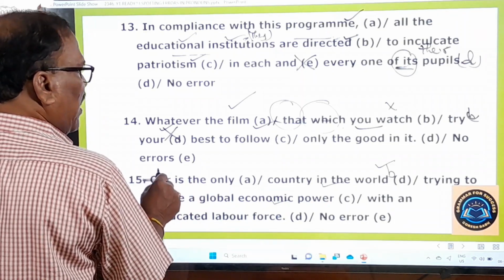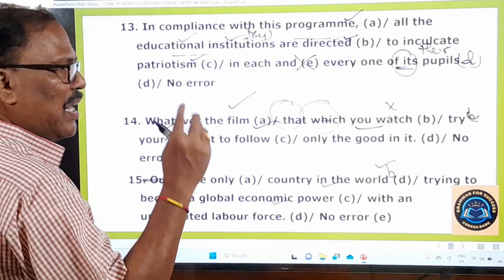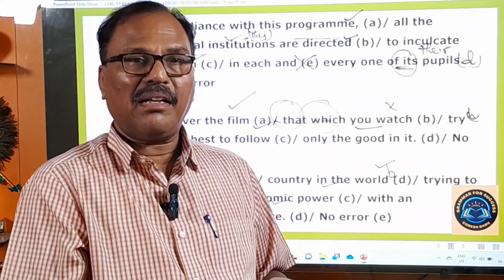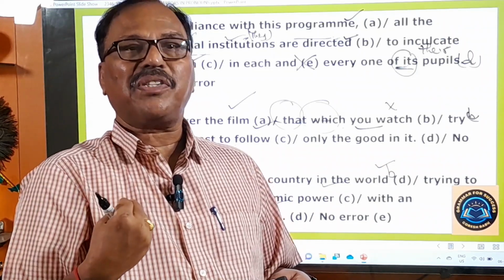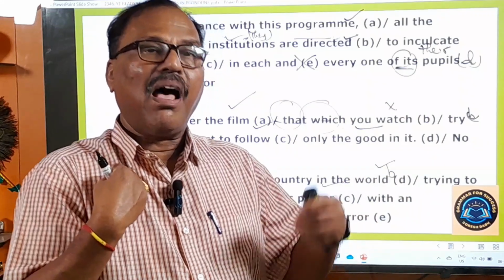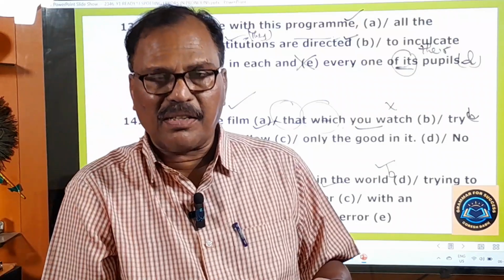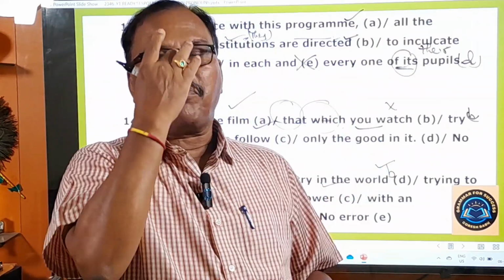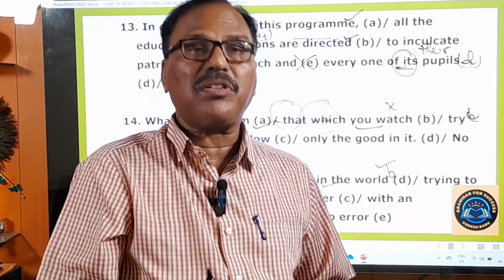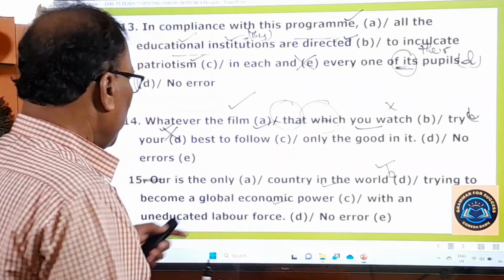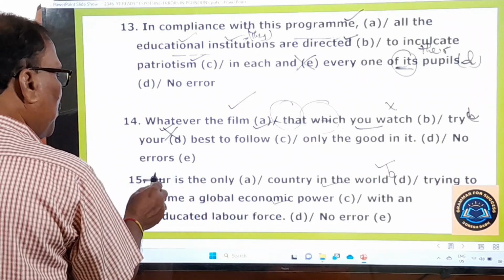Our is a possessive case. In possessive case there are two forms. My, our, your, his, her, their are called possessive case adjectives, possessive adjectives. And the other one, mine, ours, yours, his, hers, theirs, these are called possessive case pronouns.